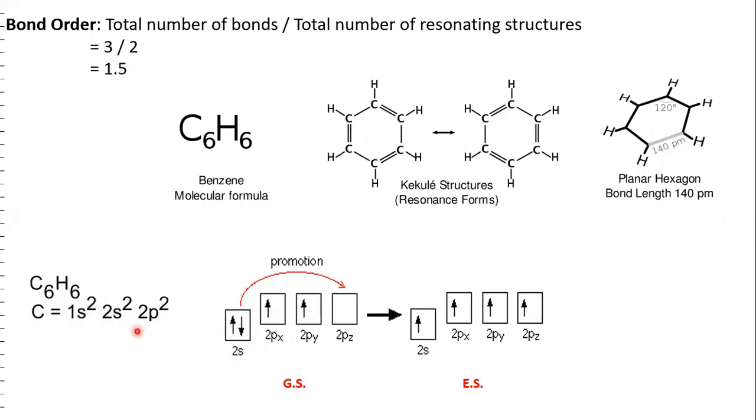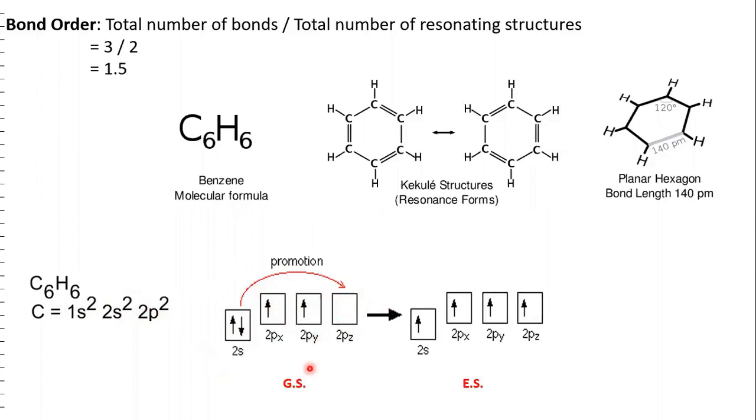Next you have 2s2 and 2p2. This is your 2s orbital, this is the 2p orbital. For 2s, these two electrons are fixed and paired. Next, for 2p, there are 2p2, so we fill 2px and 2py first. 2pz is the blank one.